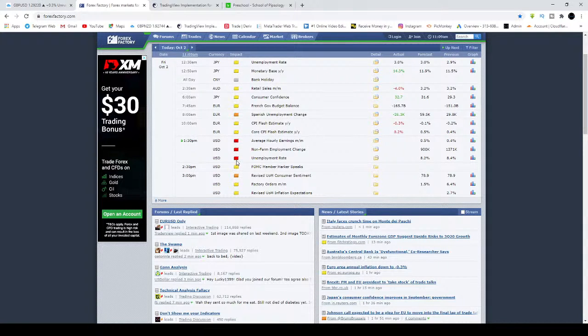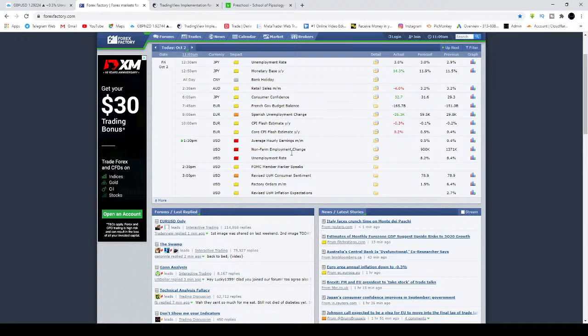If you hover over these red signs, as you can see, it says high impact is expected, right? So you're expecting high impact news from these releases. It will impact that particular pair highly.